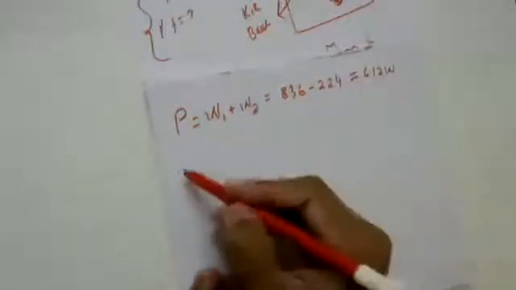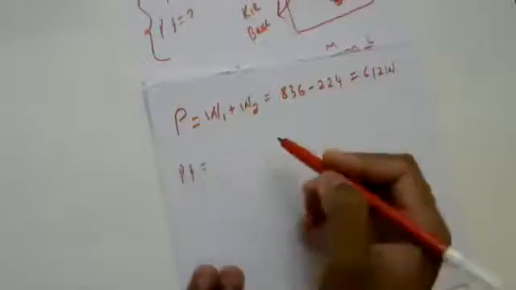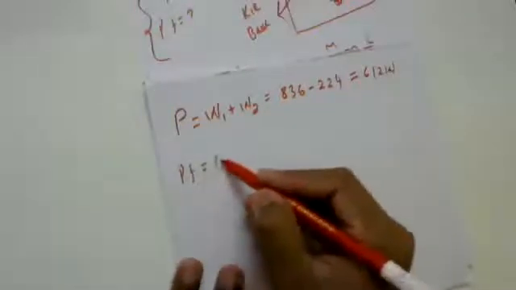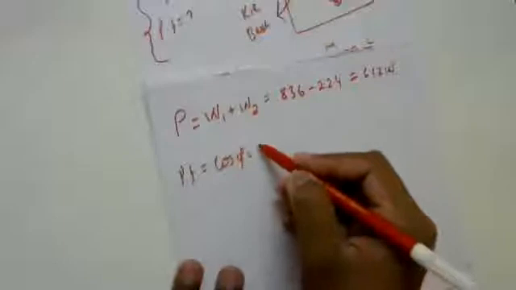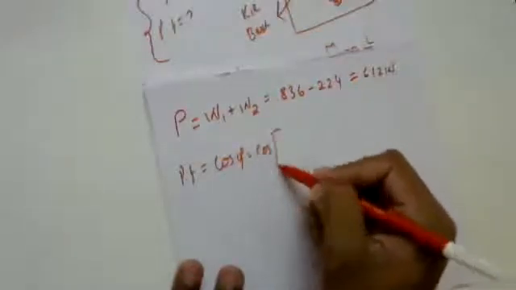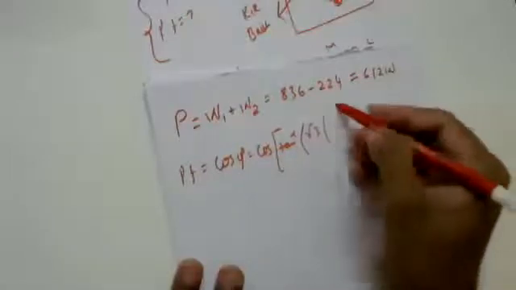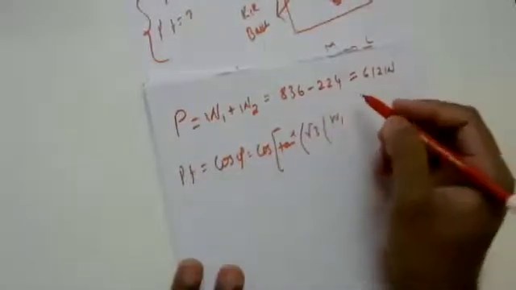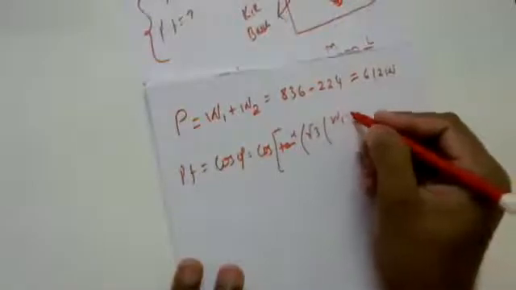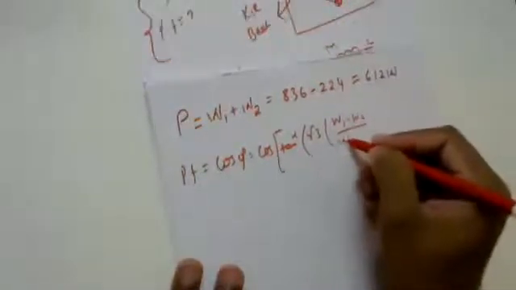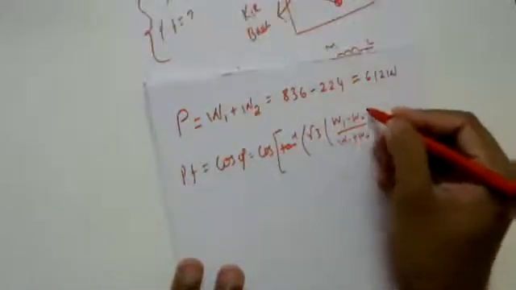Now I need to compute the power factor. How to compute it? Power factor equals cos phi, which equals cos of tan inverse of root 3 into W1 minus W2 divided by W1 plus W2.